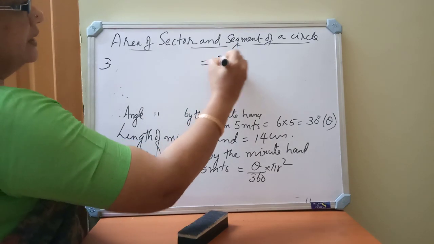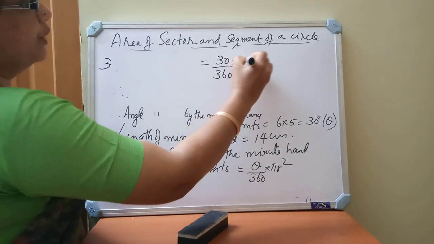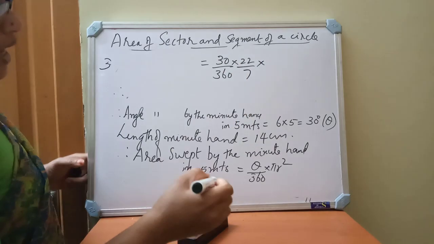Theta is 30. 30 divided by 360 into 22 by 7 into r square.